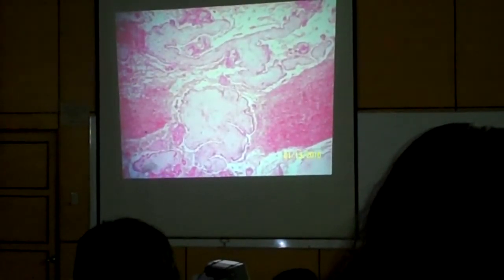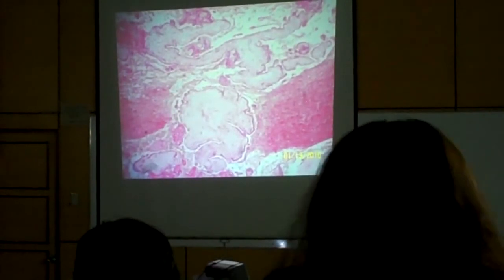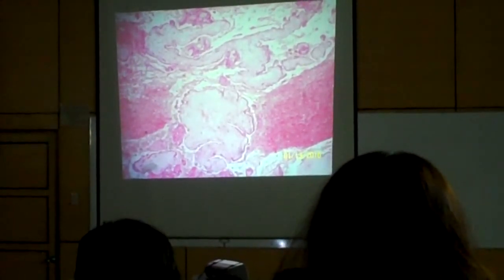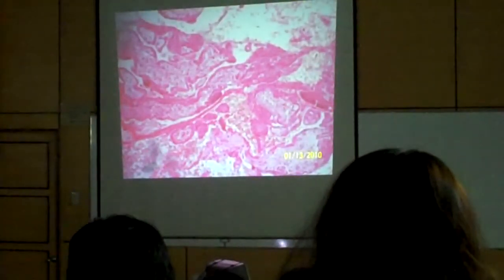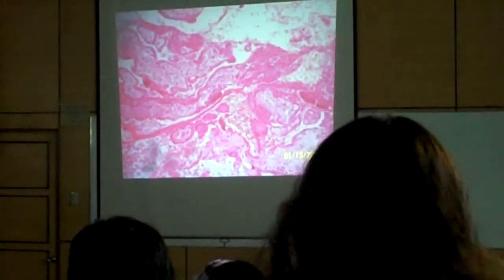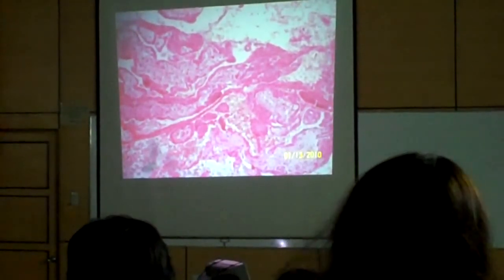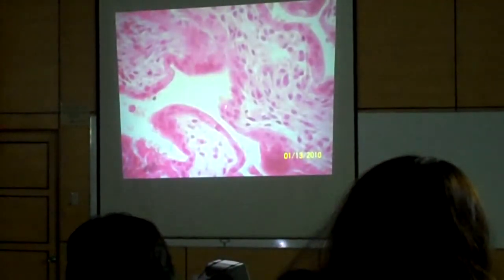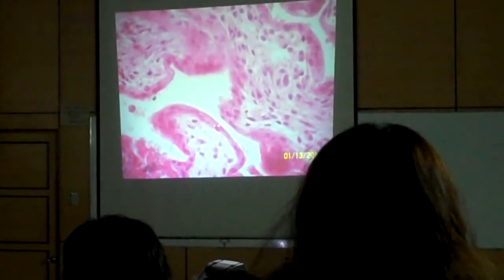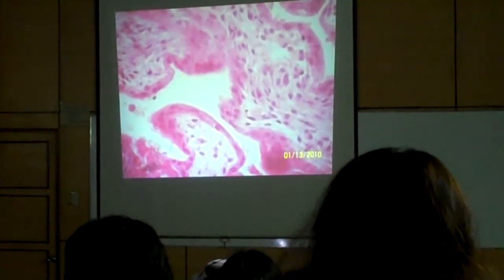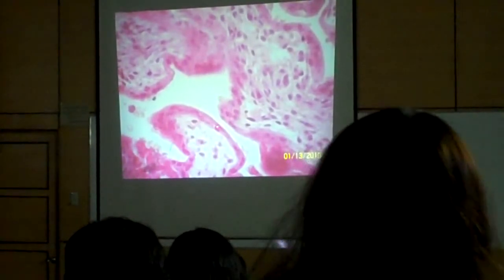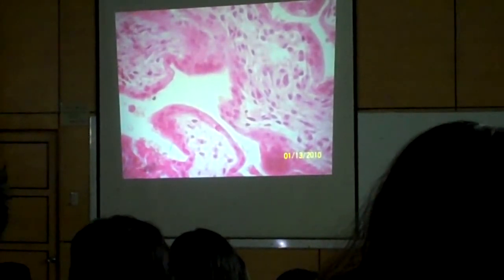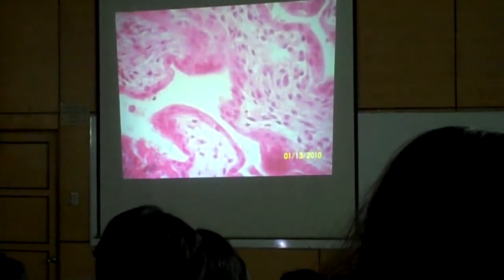Okay, this is now the immature placenta. So it appears larger. Each chorionic villus appears larger, and it is lined by 2 layers of cells. Okay, of course, the outermost, as mentioned earlier, is the syncytial trophoblast, and the inner layer is composed of what type of cell?